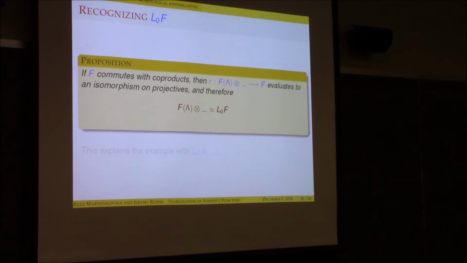Okay, so in the case when F commutes with coproducts, we have identified the zeroth left derived functor of F as F of lambda tensor lambda. Now, by the way, that applies to the example with the left derived functor of the Hom functor.